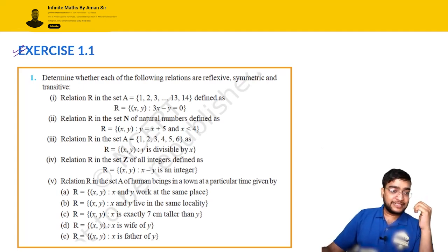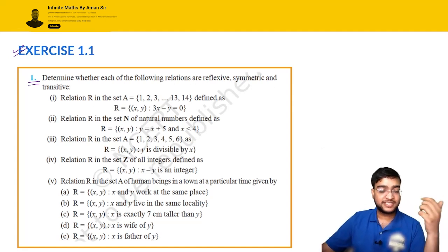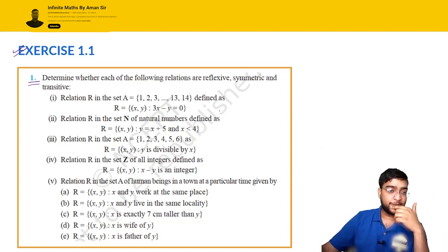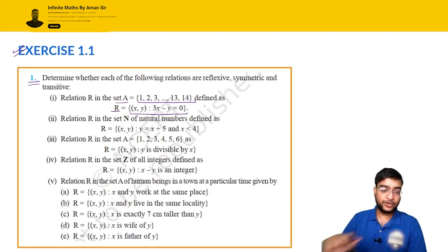Let's say for the first example only, we write whether each of the following relations is reflexive, symmetric, and we determine it here only. Let's say I take the relation R in the set A, and these are the set elements, and R is defined by this condition only. No problem sir.